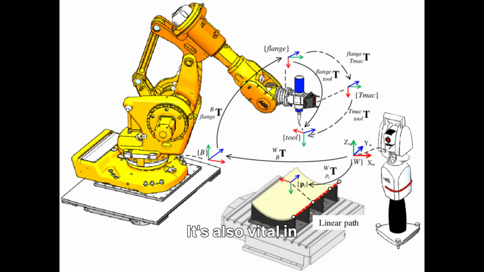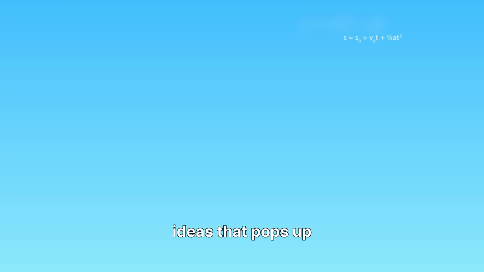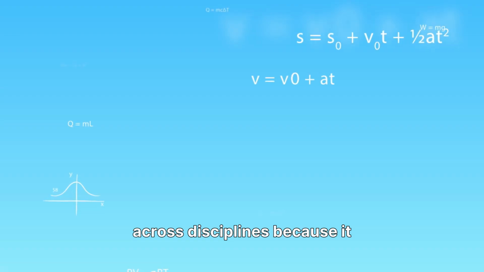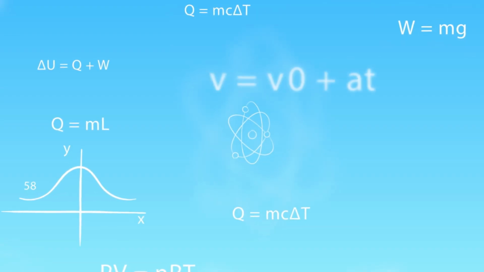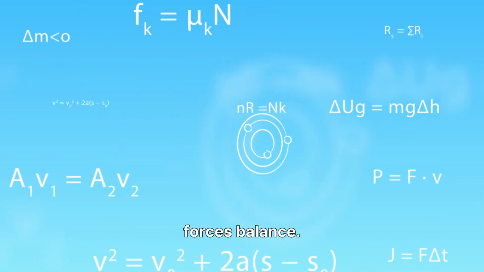It's also vital in engineering and robotics for designing systems that must obey geometric or physical constraints. And even in chemistry and biology for molecule configurations under energy constraints. It's one of those ideas that pops up across disciplines because it captures a fundamental truth. Optimal solutions under constraints occur where two competing forces balance.